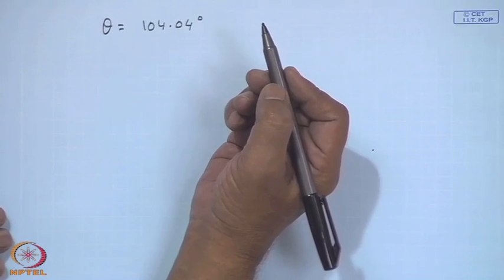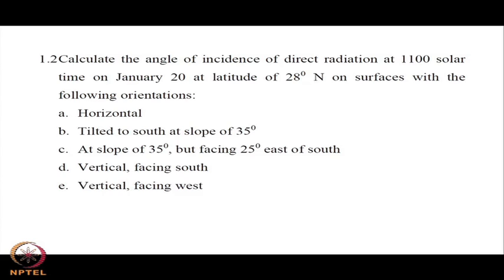So, theta turns out to be 104.04 degrees. What does this mean? It's more than 90, right? So, at 11 o'clock, it should not be surprising if your surface is oriented towards the west, it will not receive any sun's rays.